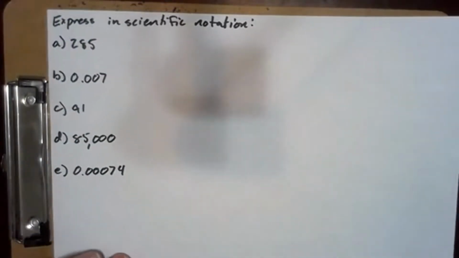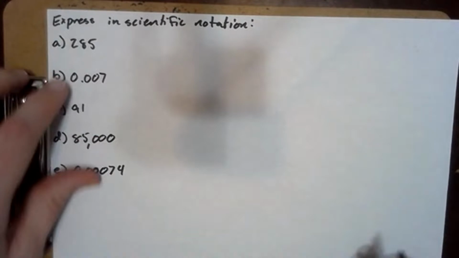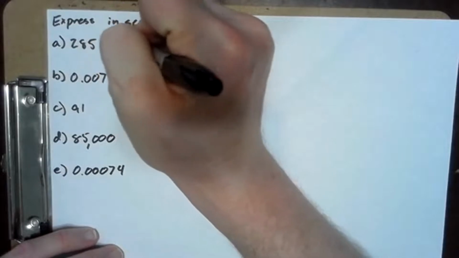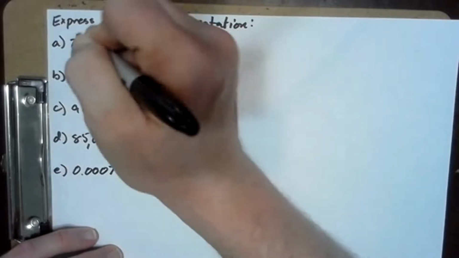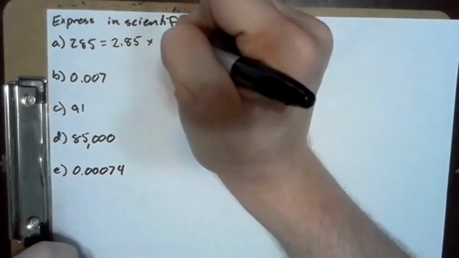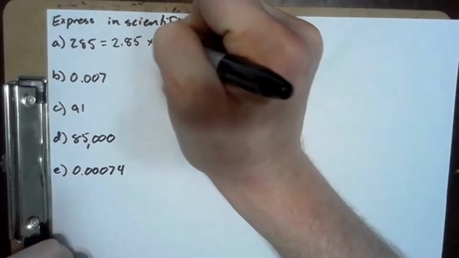Here we're asked to express these numbers in scientific notation. So we start by writing this number as 2.85, and then we figure out, well, we've moved our decimal point 2 to the left, so we're going to need to multiply this by 10 squared.